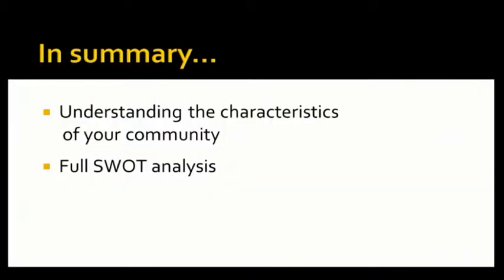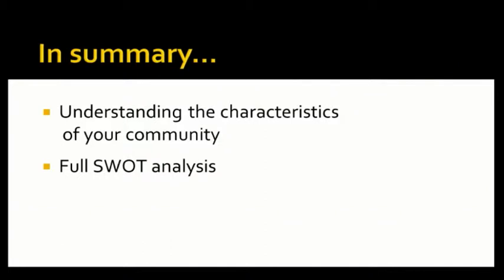Okay. So let's just summarise what we've done today. We've talked about understanding the characteristics of your community, and this is all part of the situational analysis part of the business plan. So really getting a detailed understanding of who's in the community and what their needs are. And then we talked through the SWOT process for the CRC.